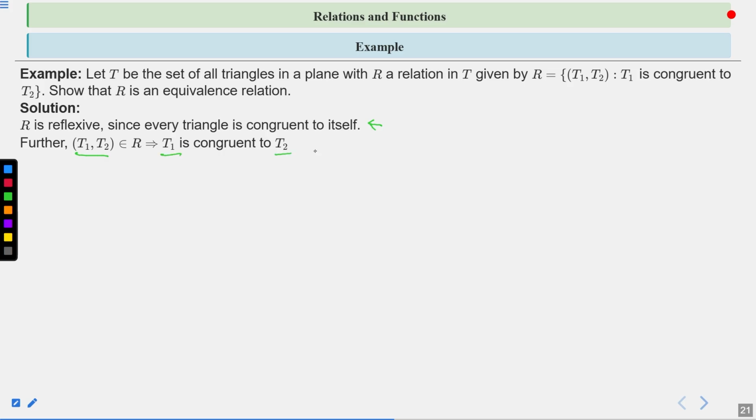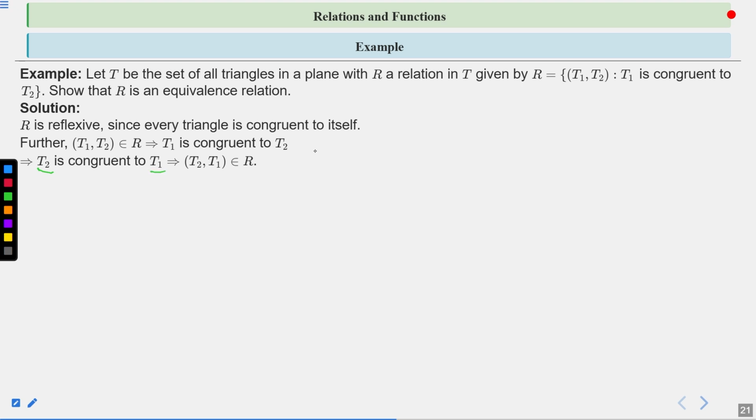In the second condition, we always start with the given thing, or assume that it is already given to us. So we are assuming that this pair belongs to R. Now we have to show that T2 comma T1 also belongs to R. By definition, T1 comma T2 gives me T1 is congruent to T2. Now T2 is also congruent to T1.